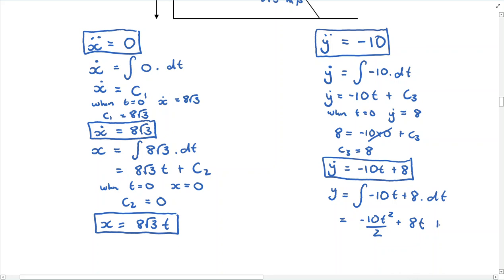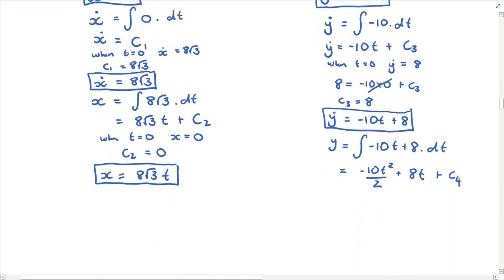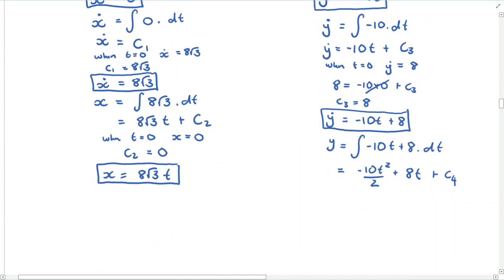And I will need to add another constant, which will be C4, to the end of that. Actually, I'll rewrite it first because I want it to be -5t squared, because I added 1 to the power, it became a t squared. So because the power was a 2, I had to divide by 2. So add 1 to the power, divide by the power. Remember that?